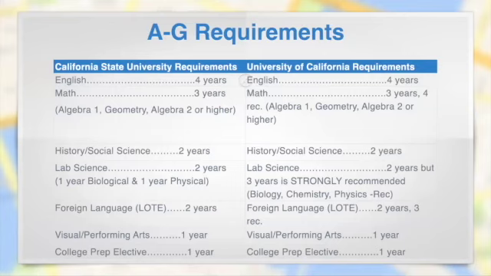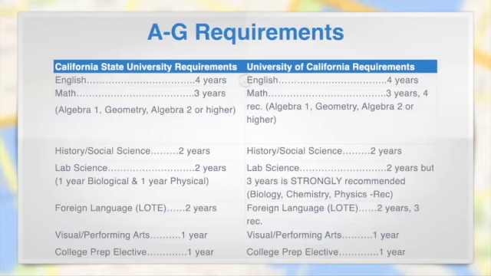Okay, so I'm going to go through here just to make sure that you're taking a look at what classes you're taking and you are planning. And hopefully you don't have a D, but if you do have a D or an F in any of these classes, you understand that you would need to make them up, so retake them over summer school in order to be eligible to apply directly to a UC or Cal State after high school, directly out of high school.